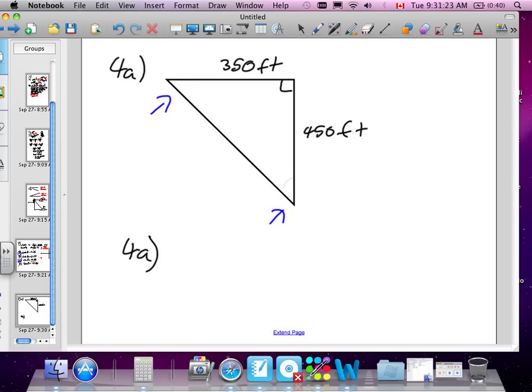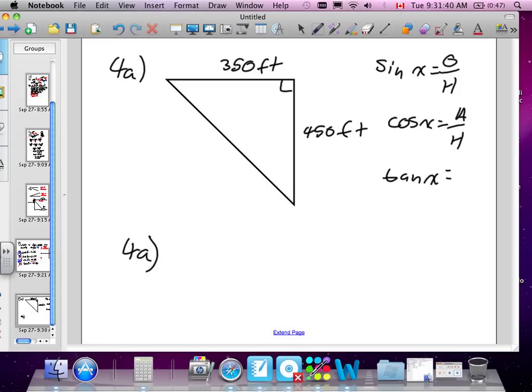Now, I'll be using my trig ratio. So I'm either using my sine, my cosine, or tangent. I have to look at each angle. So let's say I'm going to name this triangle again.